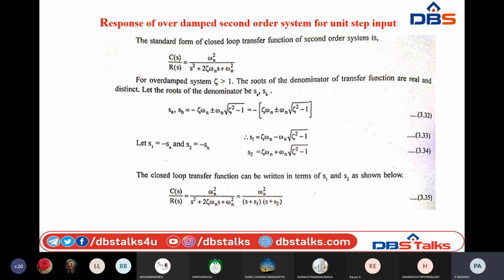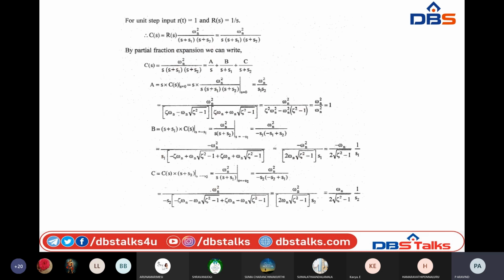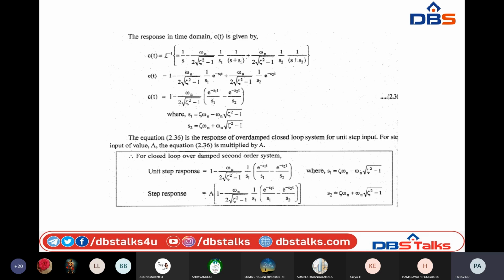So finally, the response of the system in time domain, C(t), equals 1 minus omega n by 2 into square root of zeta square minus 1, multiplied with e power minus s1t by s1 minus e power minus s2t by s2.